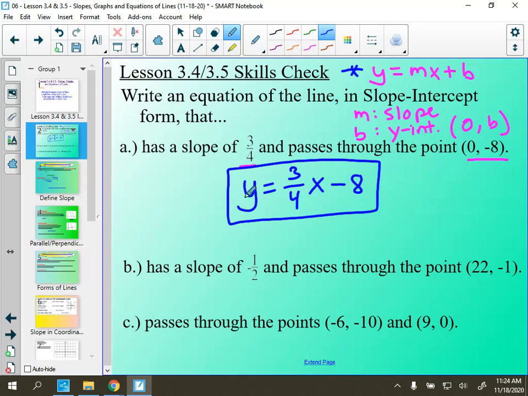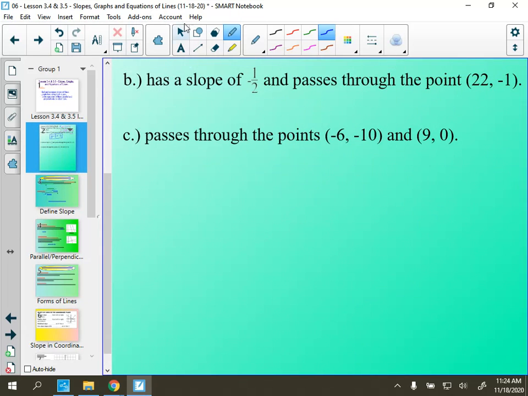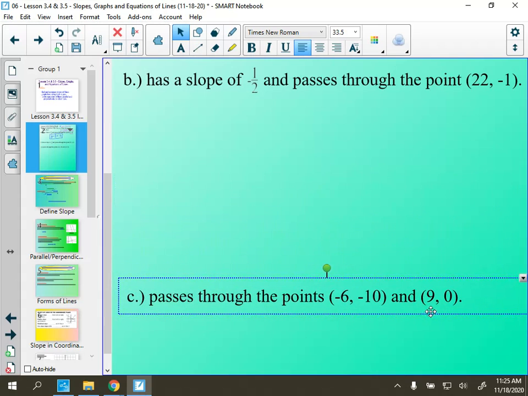So let's move on to part B. The next one asks, same direction, write an equation in slope-intercept form that has a slope of -1/2 and passes through the point (22, -1). On the surface, it almost looks identical: I have a slope, I have a point.